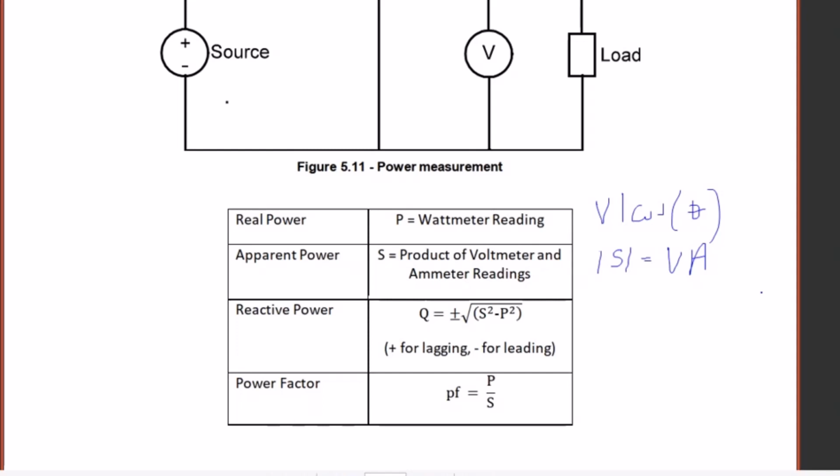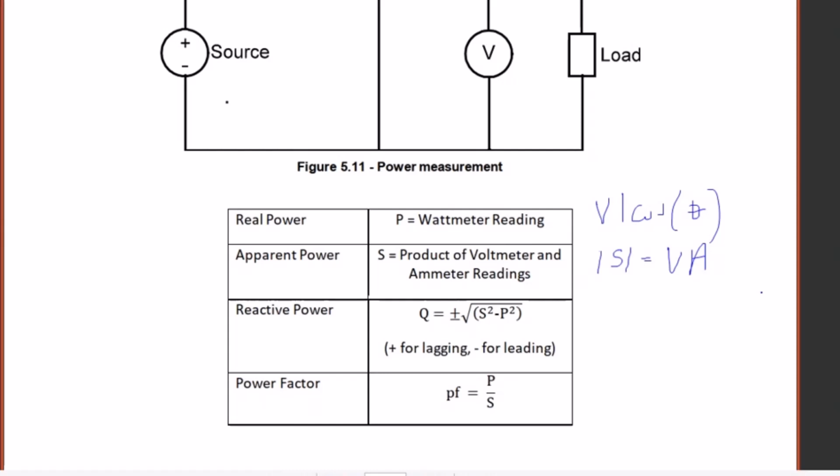So as long as you have the voltage and the current, you can use this wattmeter to get any of these values. And then we know the power factor is P over S. So we can get P, we can get S, and then we can use that to get Q, and then use P and S to also get the power factor. So that's really it for the theory.